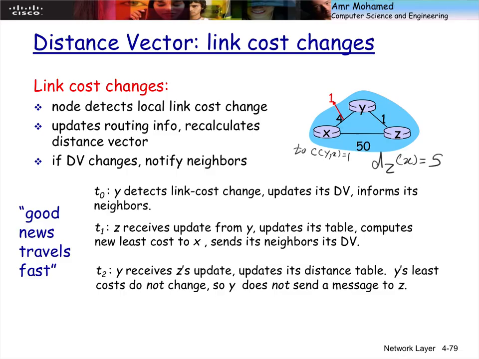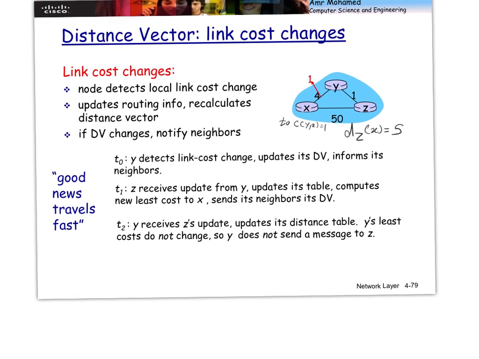So node Y will apply Bellman-Ford. Bellman-Ford says that the distance from Y to X is the minimum of the cost from Y to X, which is direct, so I have reached the destination right away, or the cost from Y to Z plus the distance between Z and X.